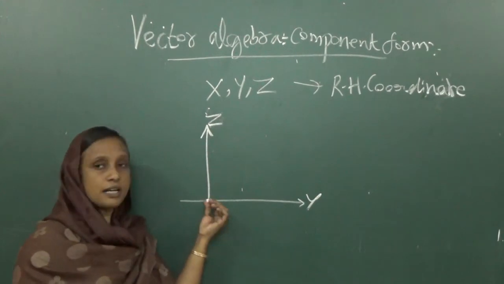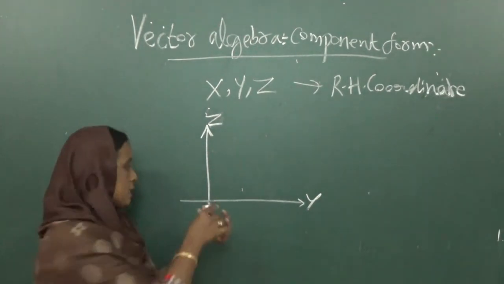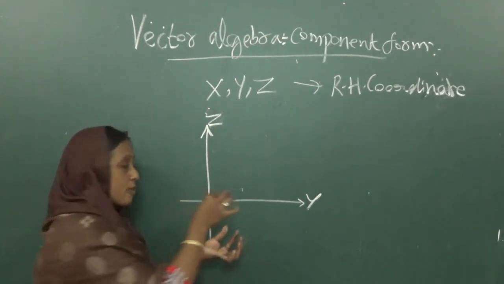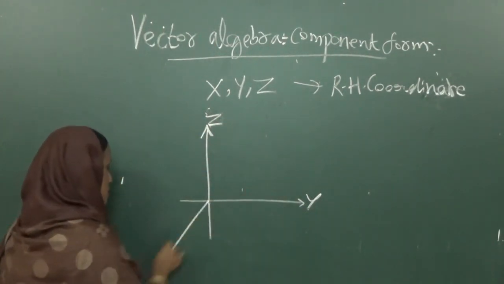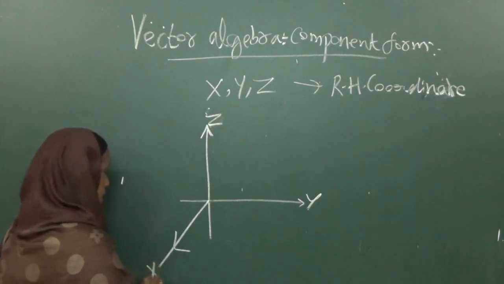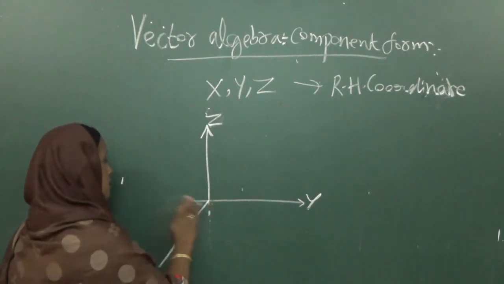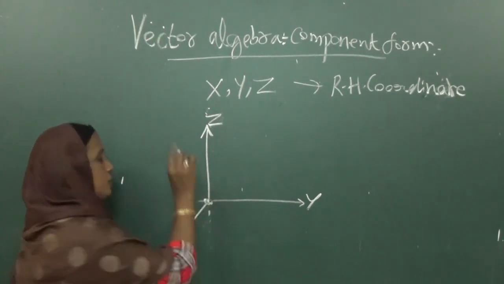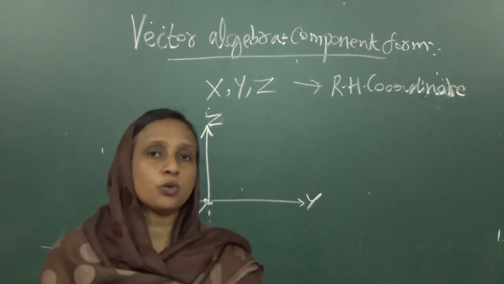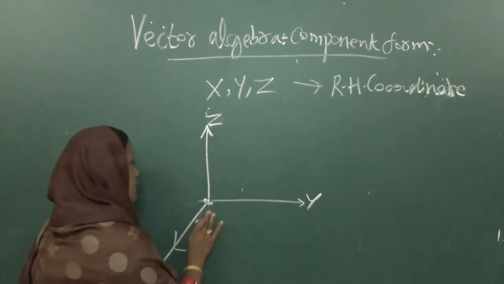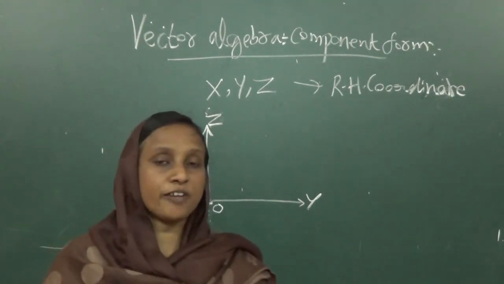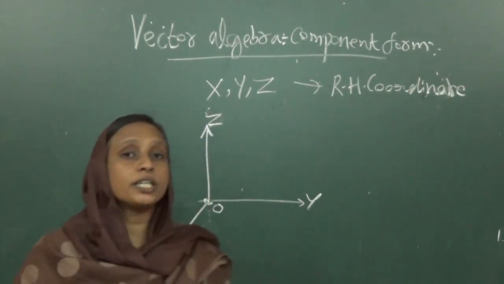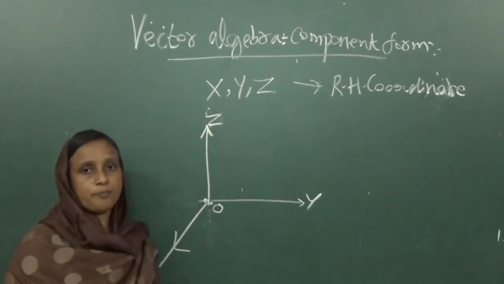This is our right-handed coordinate system, with the x-axis outward from the board and y and z lying here. This is our origin, the origin of the coordinate system. We can write this origin as O.